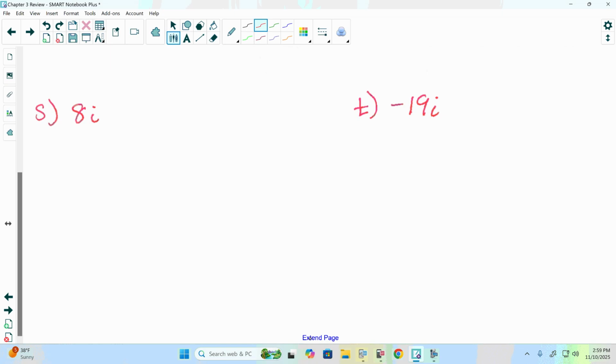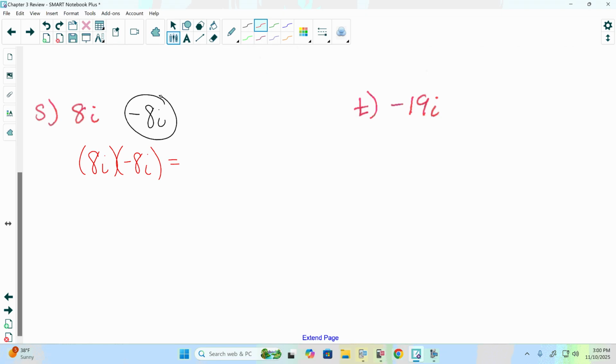Let's look at S. 8i's complex conjugate would be negative 8i, because again, we're changing the sign in front of the term with i. So if we have positive 8i, its complex conjugate would be negative 8i. So finding the complex conjugate negative 8i would be part of it.